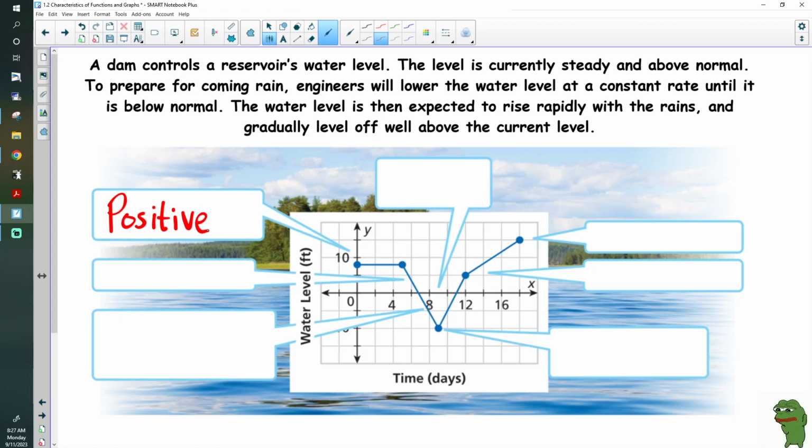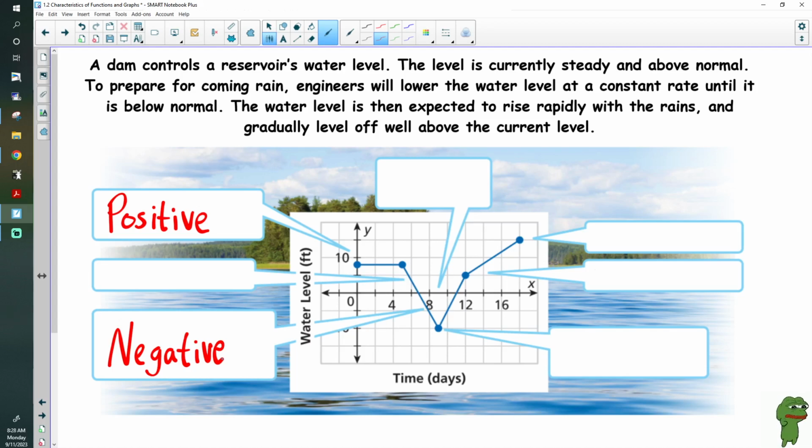Okay, that's when the water is above normal, positive values. Everything under the x-axis we call the negative. The negative. Everything on the bottom is when the water level is below normal, below zero, the negative. Now the rest are ones we can fill out using those key words we have.